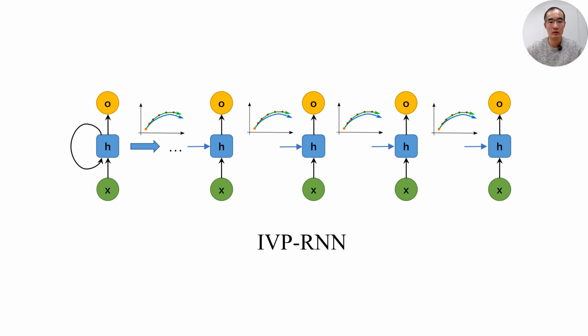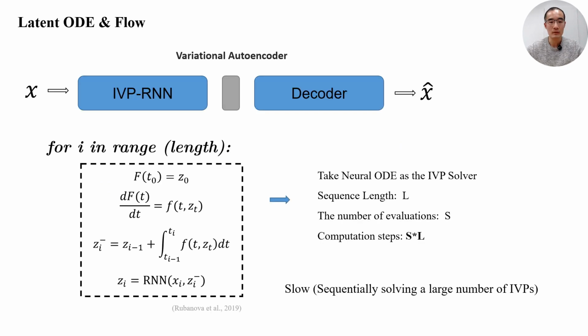This IVP-RNN was proven to be effective in analyzing irregularly sampled time series. Some researchers used it as a recognition module of a variational autoencoder and proposed the latent ODE and its flow variant. They can model irregular time series and also learn representation from these complex data.